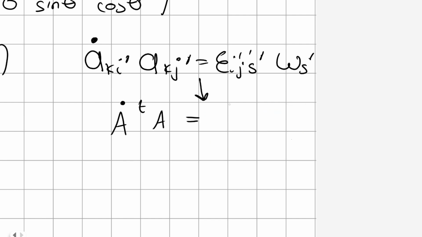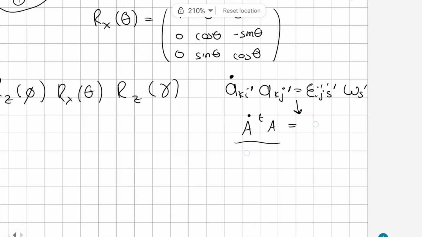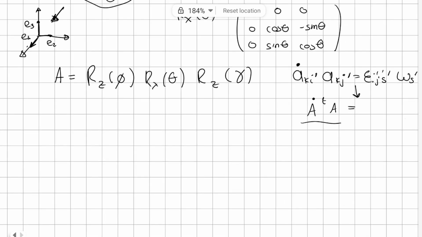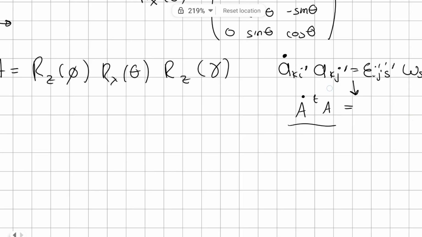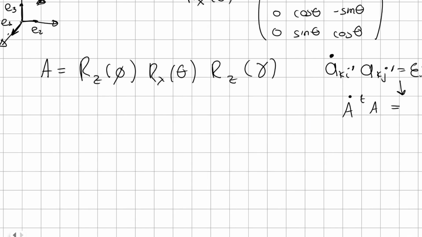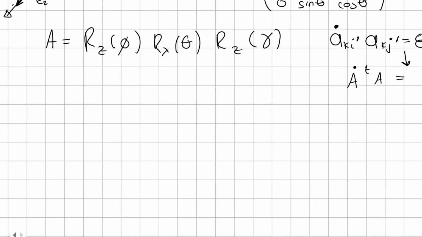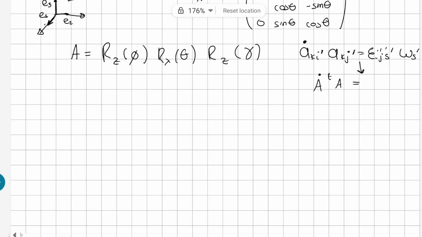The important thing here is that we need to calculate this quantity over here. As you can see, there will be so many calculations because we need to take the transpose, then take the derivative, and then multiply. And we have a product of 3 matrices. So maybe it will be a big calculation.